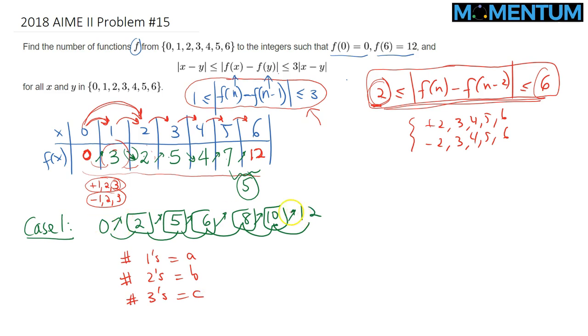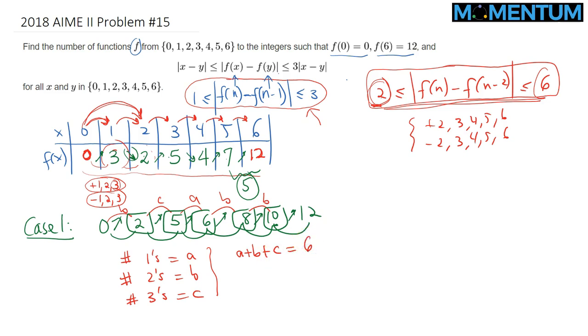So for instance, in this particular example, we had a B here, we had a C, an A, another B, another B. So we used 3 B's, 1 C, and 1 A. But what's the general condition for this type of situation? Well, in total we have 6 gaps, so the sum of A plus B plus C is equal to 6.